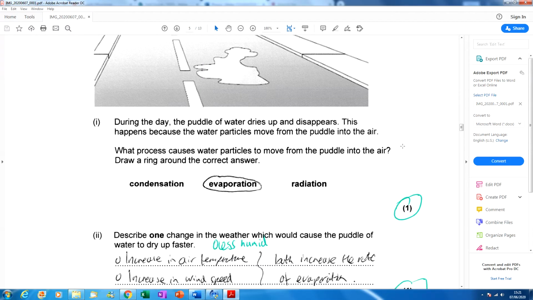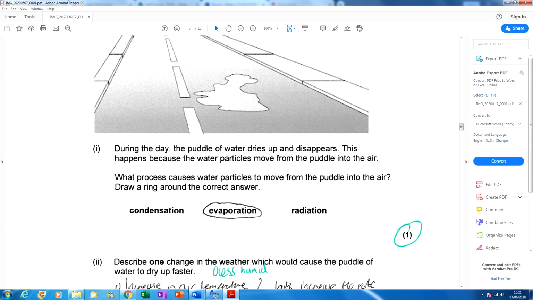The answer is evaporation. Condensation is when you've got gas going to a liquid, and radiation is something that can put energy into the water.